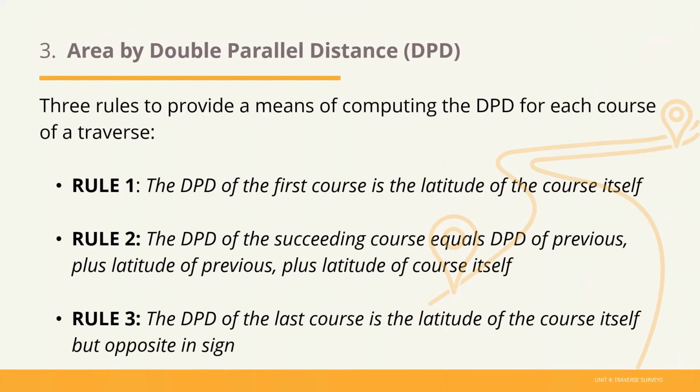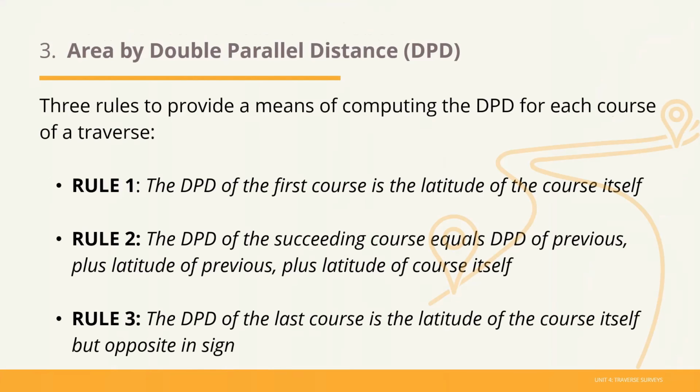DPD also has rules in order to compute the DPD for each course of the traverse. For the rules of DPD, we just have to simply change the DMD to DPD, and instead of using departures, we'll use the latitudes of the traverse.